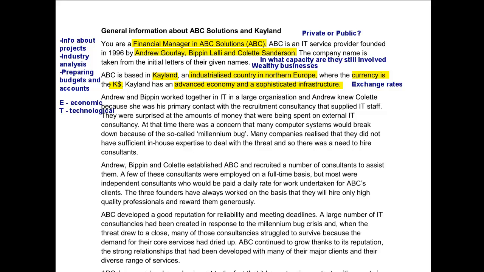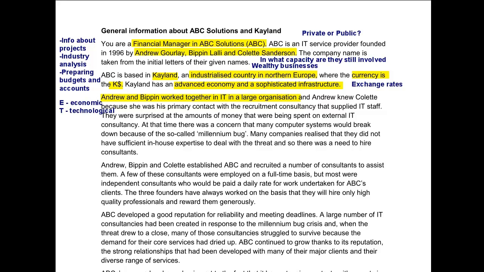So now we have some information on how the founders met. We can see that Andrew and Bipin worked together in a large IT organization, or they worked for a large organization within the IT department. So we already start to see the pattern here, that they have knowledge in the area, that they have worked within the area before they set up their own company.